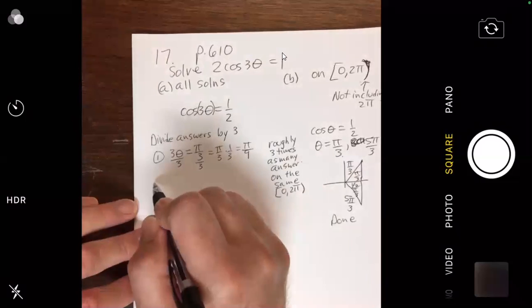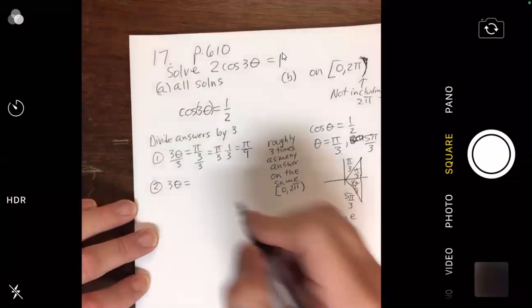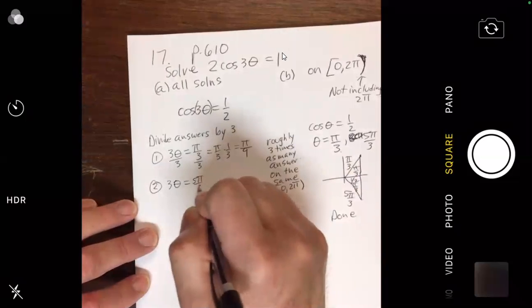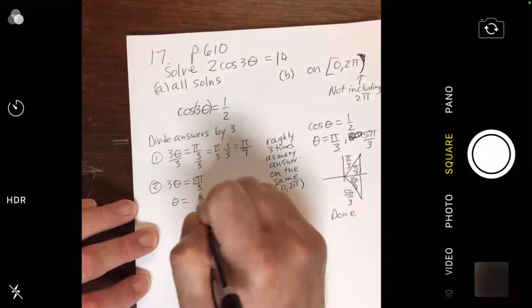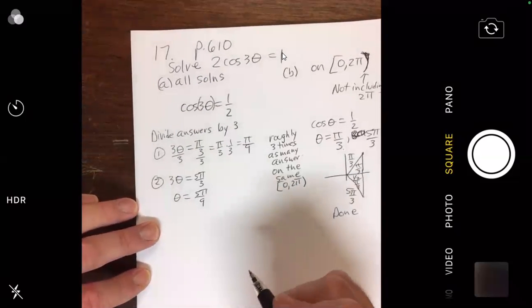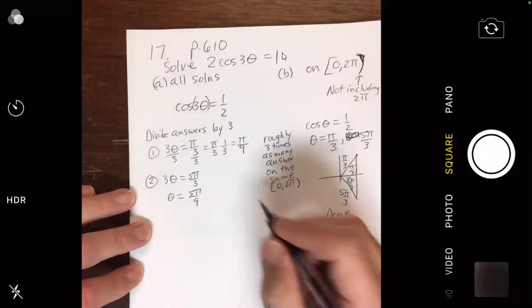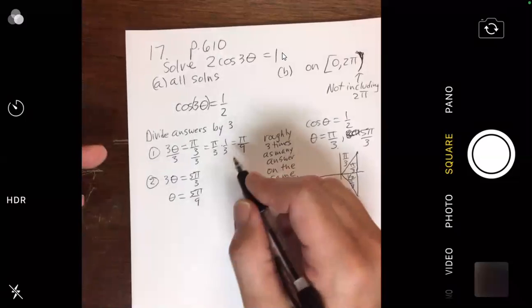All right, my second cut at it is that 3 theta equals 5 pi over 3. And you can see what happens here. Theta is going to be 5 pi over 9. Now, part A, they may be tacking on a 2 pi k or something to these.